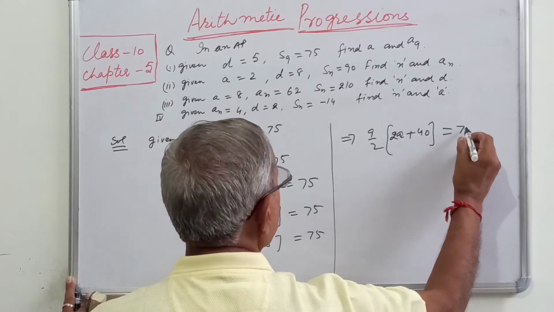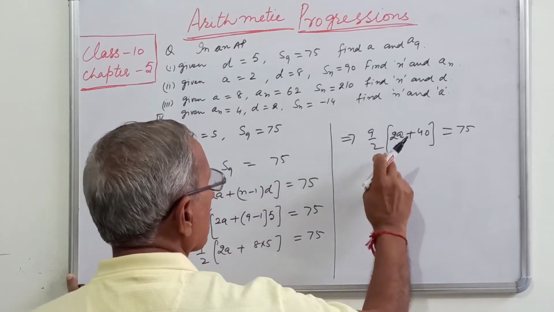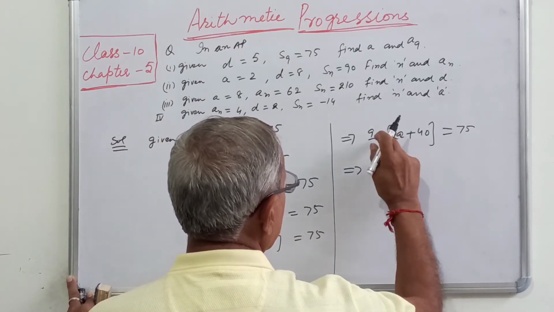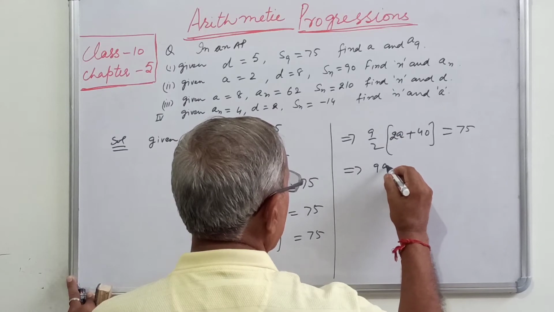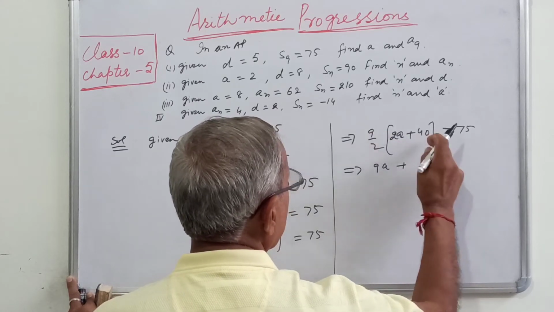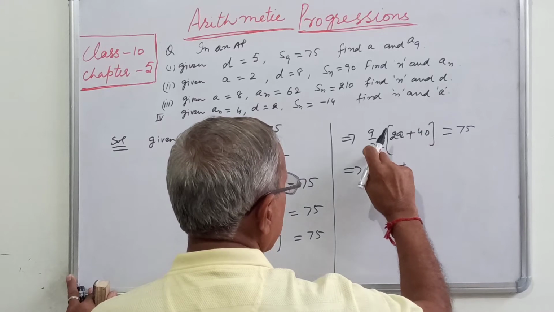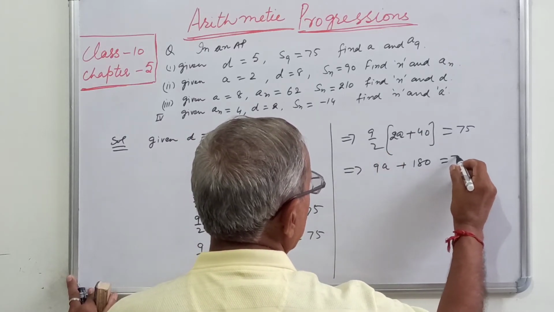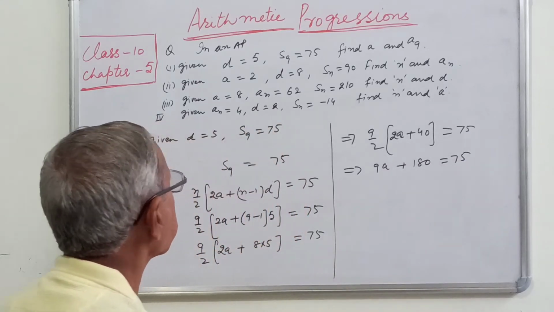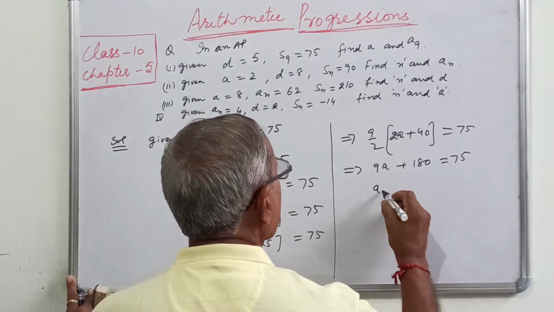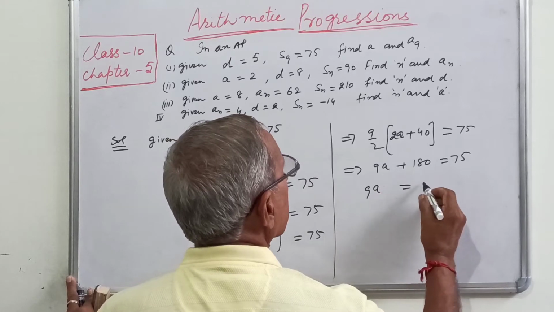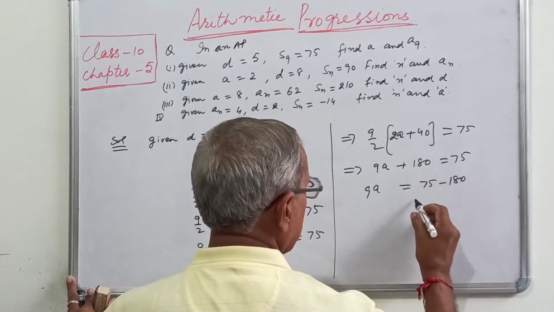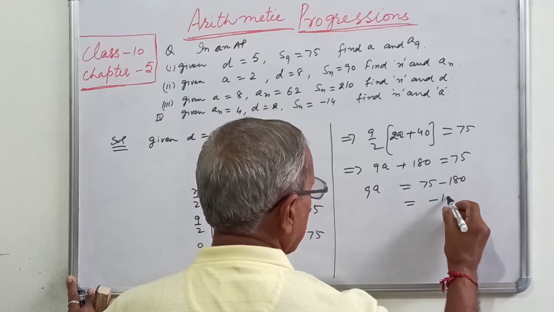is equal to 75. So 9 upon 2 से मल्टीप्लाई करेंगे, सो ये हो गया 9a प्लस 9 इंटू 40 and divide by 2, that is 180 is equal to 75. So 9a is equal to 75 minus 180, minus 105.